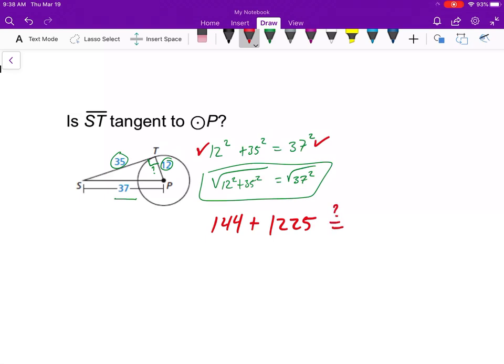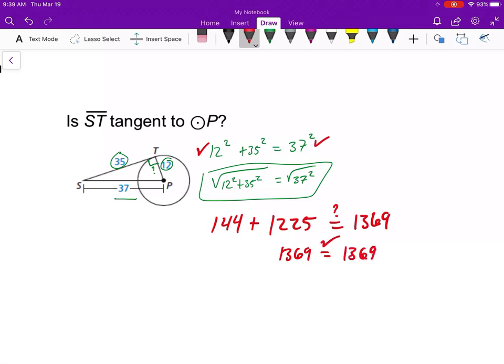And does that equal 37 squared, which is 1369? Okay, so 144 plus 1225 is 1369, and 1369 equals itself.